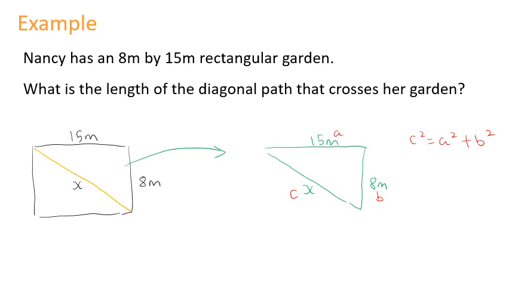Substitute in the values, so C is x, A is 15, and B is 8. Put that in the calculator, which equals 289. And the last step, we need to square root the answer. So x equals 17. So her path across the garden is 17 metres.